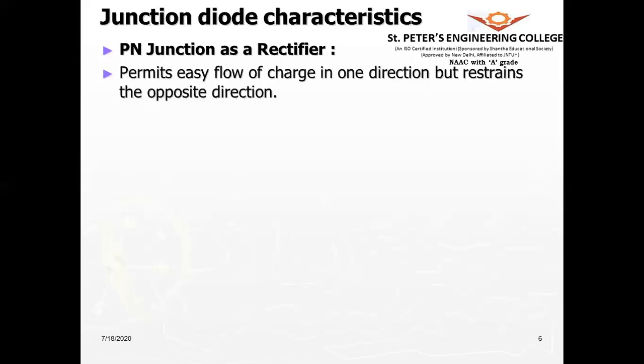The diode permits the flow of charge in only one direction, but it does not allow it in the other direction. Therefore, we can make use of this junction diode as a rectifier.